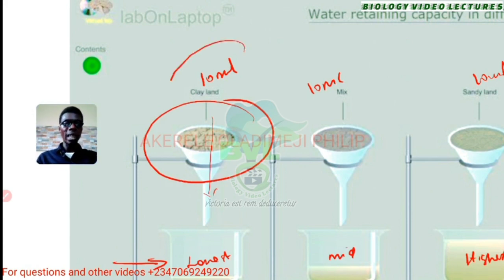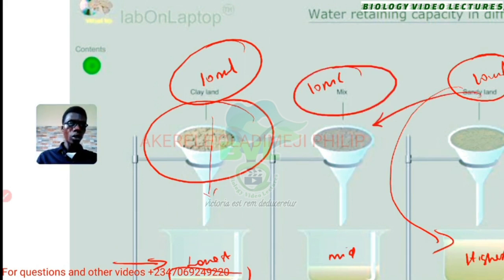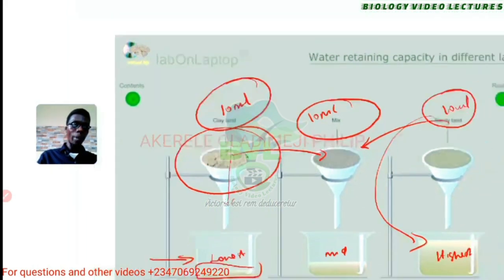So it means that from the 10 ml I poured into it, this is the little that came out. But for this one, I can promise you it's going to be almost everything that will come out here, because the particles are loosely packed. It just allows it to come there. This is loamy soil, which means a mixture of sandy soil and clay soil with some humus, so to say. All right. So that's the meaning of water retaining capacity.